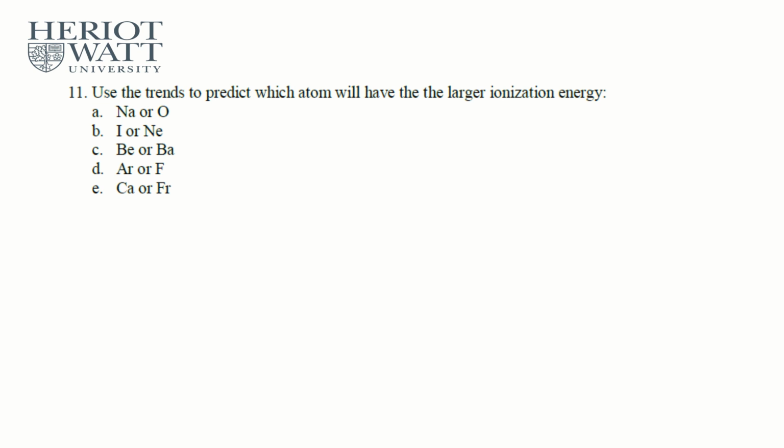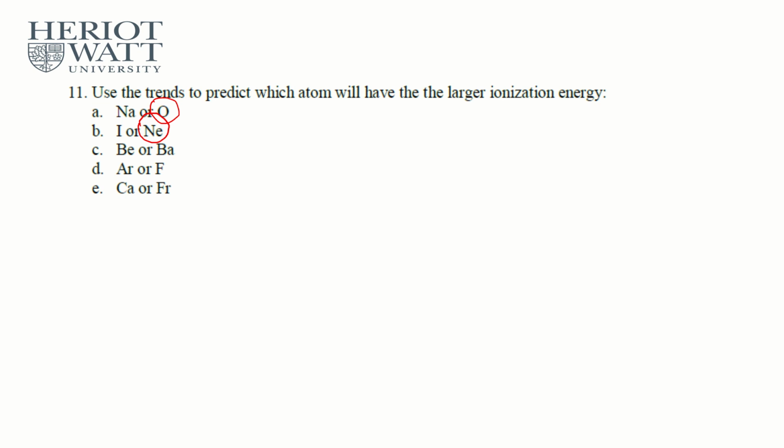So in this case, sodium and oxygen. Obviously, sodium has more shells than oxygen, because oxygen only has 2 shells from period 2. Sodium is from period 3. Hence, which one has a larger ionization energy? Oxygen. Between iodine and neon, definitely neon because it has a lower shielding effect, fewer shells.